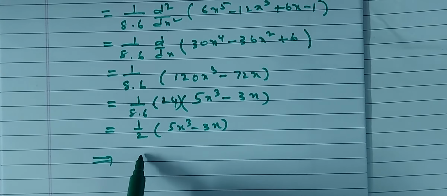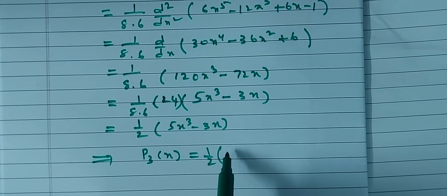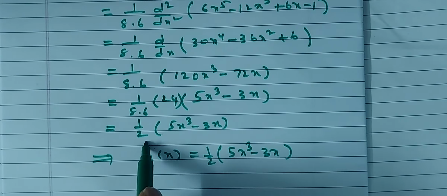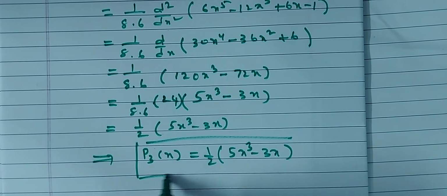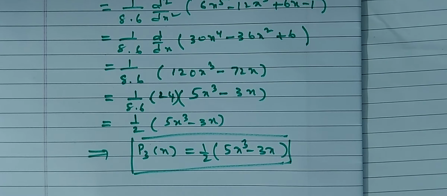This implies P3 of x is equal to 1 by 2 into 5x cube minus 3x.